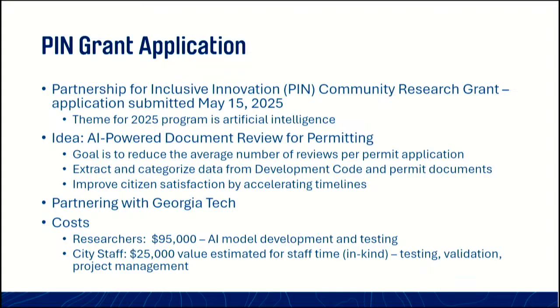We have a partner from Georgia Tech, and his team will be working with us, and they're eager to get started, assuming we win. And we should find out in mid-July if we won the grant. Assuming we win, we would start in September, and it would run until September 2026.